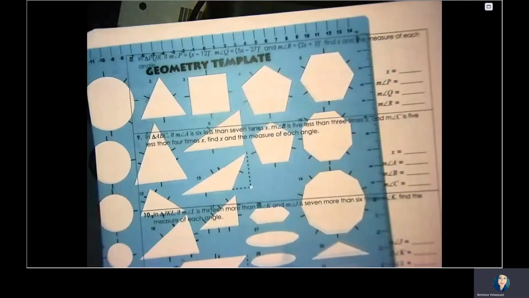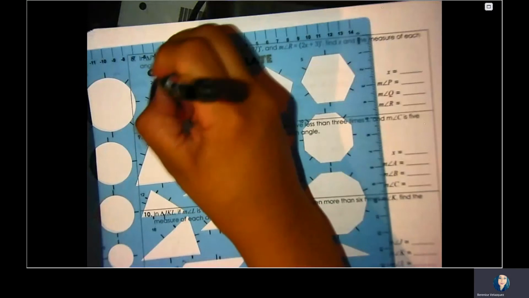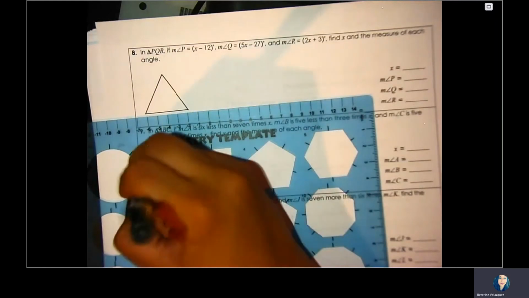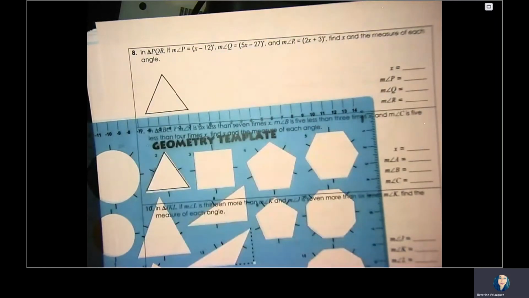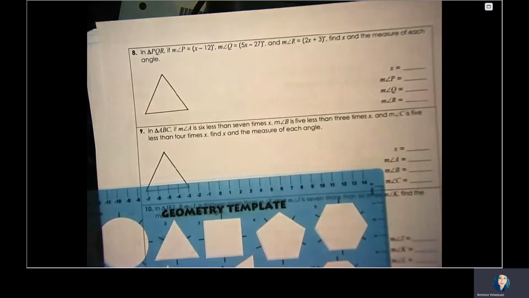So I'm going to pick a corner over here, and I'm just going to draw a triangle in all of them, just so I have something to look at whenever I'm writing in some of these values.